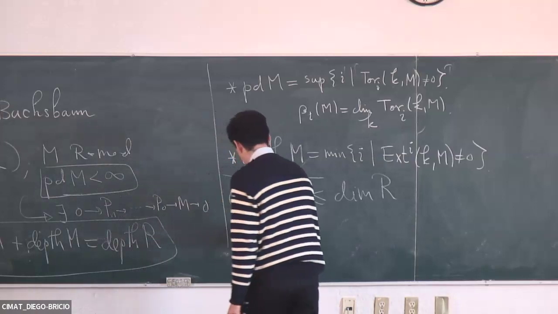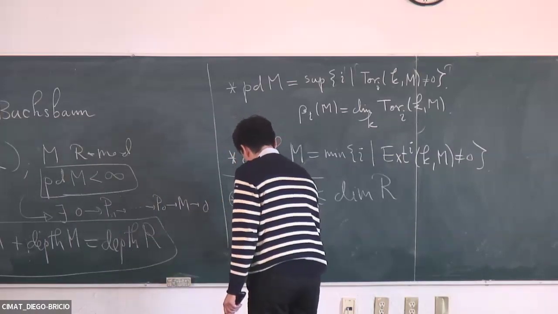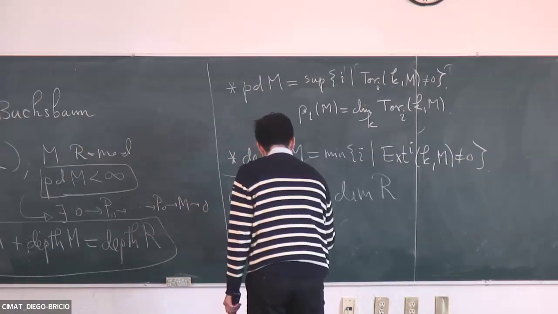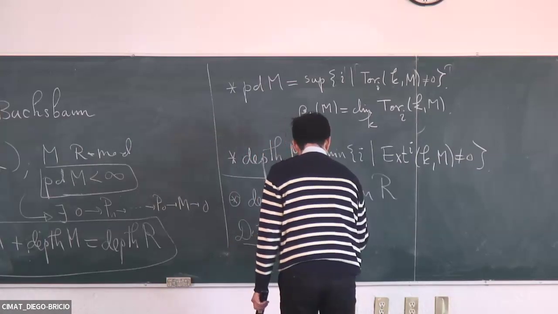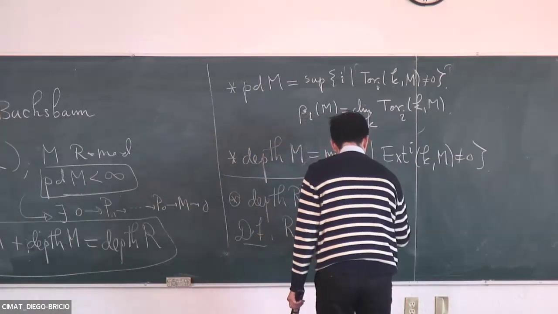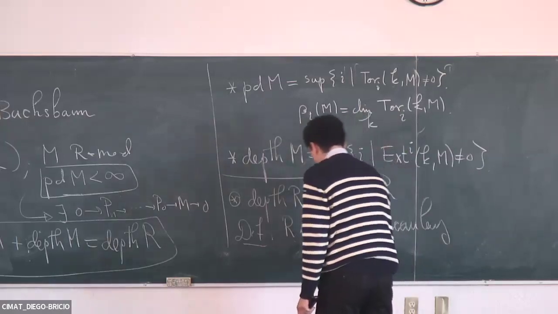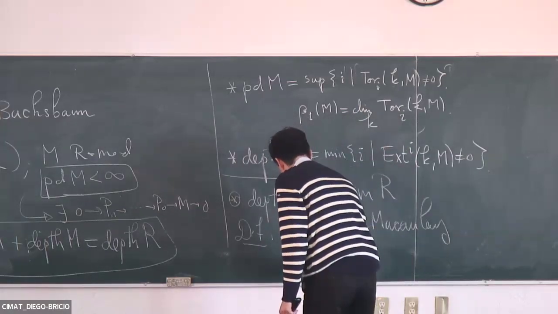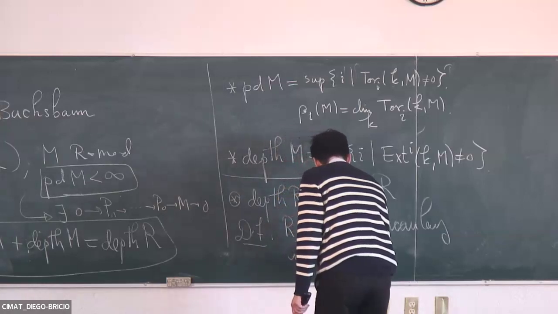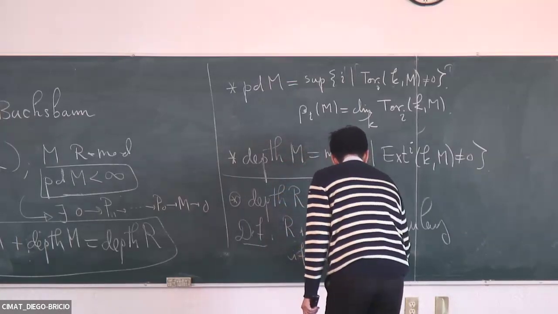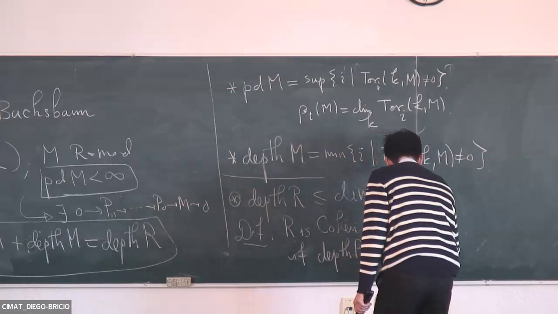And actually, here's a definition. We can say that R is Cohen-Macaulay if the depth of R equals its dimension.